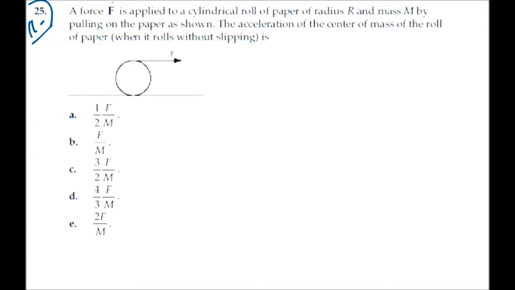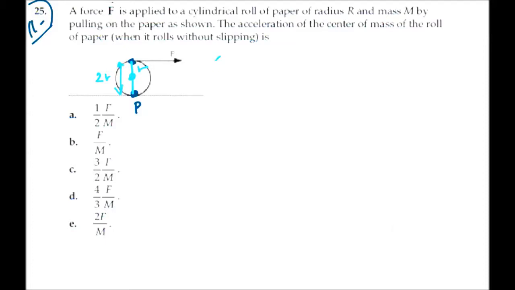Alright, so we're applying a force at the top of this cylinder, and let's calculate the torque about the contact point at the bottom of the cylinder. Let's call it point P, which happens to be a distance 2r away. So if r is the radius of the cylinder, this whole distance is 2r.